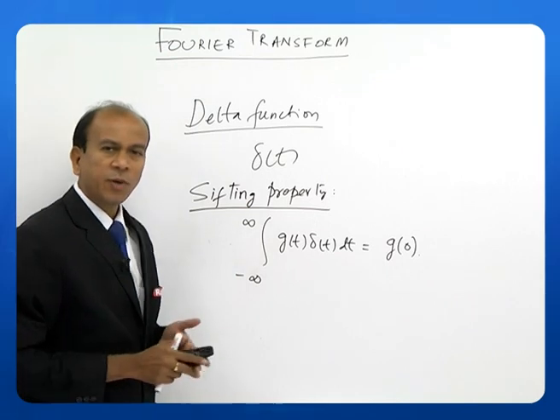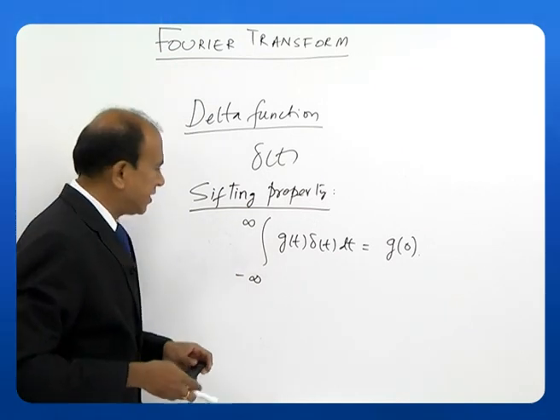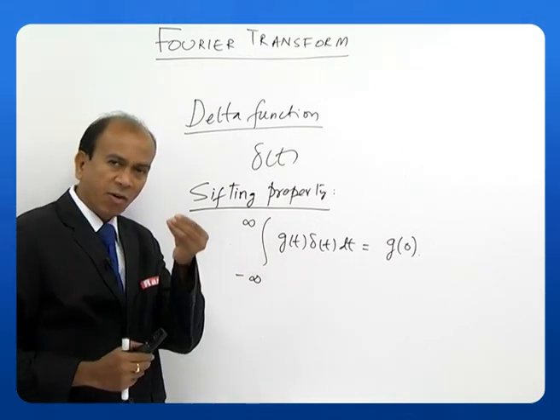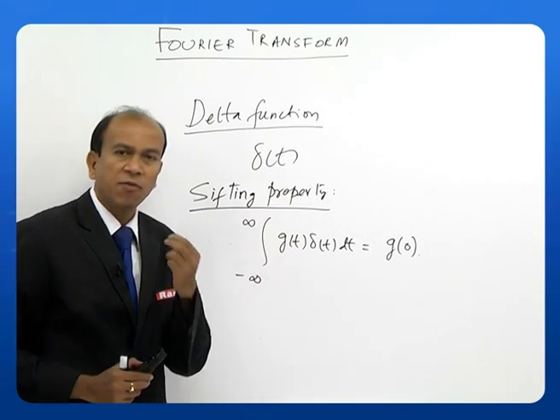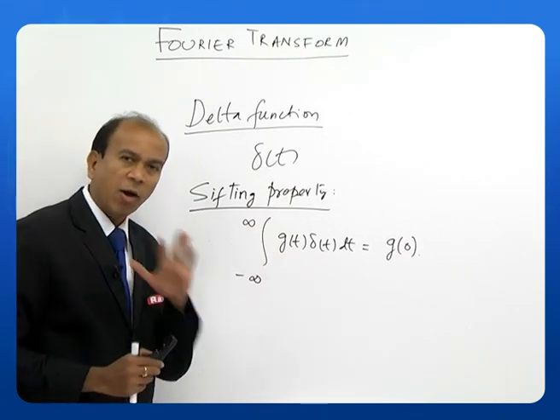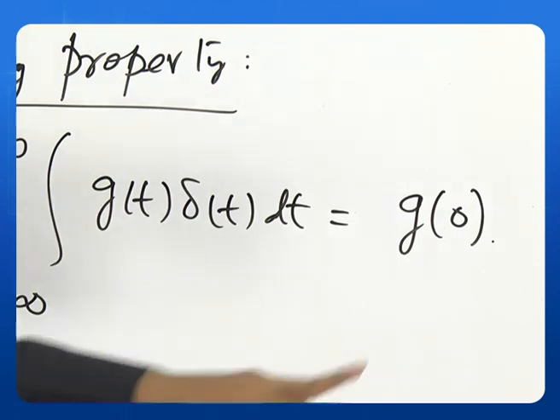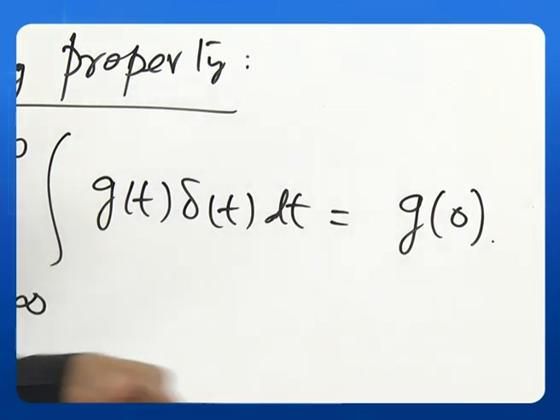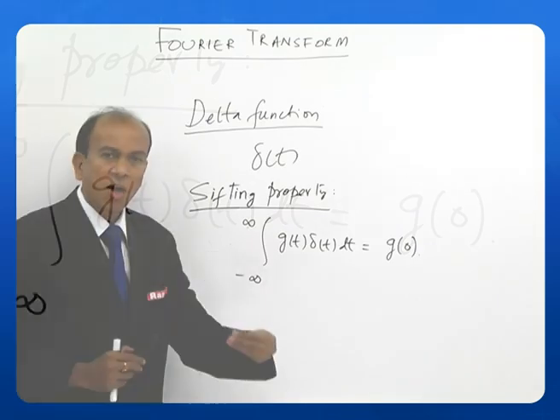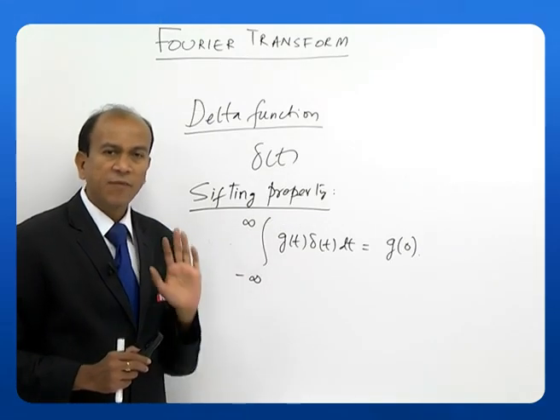That means what are we doing here? We are shifting. That means we are selecting or filtering only one value of the given function g of t. How am I doing that? When I integrate the product of g of t and delta of t, I get a value that is equal to g of 0. That means we are able to select or filter only one particular value of the given function.